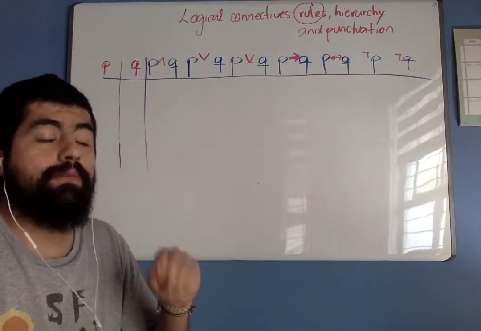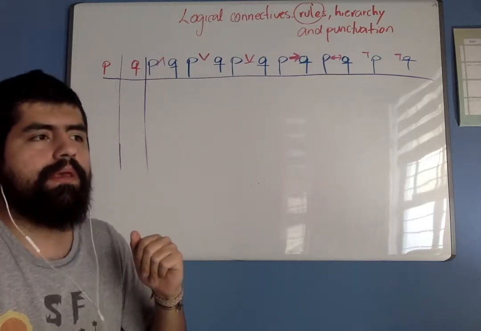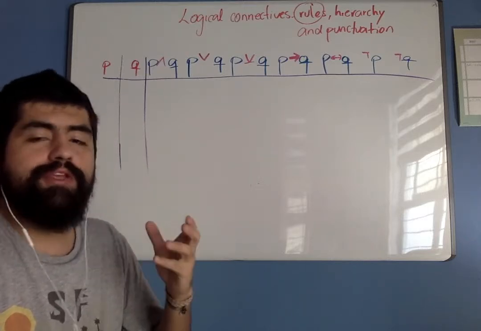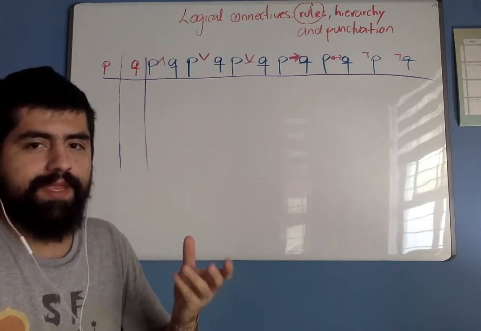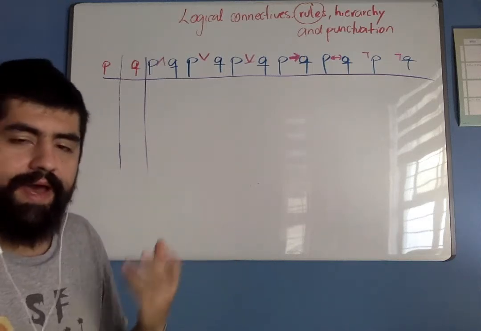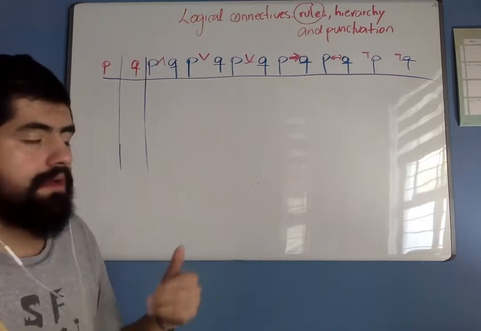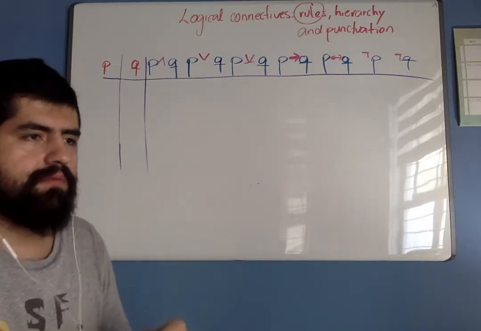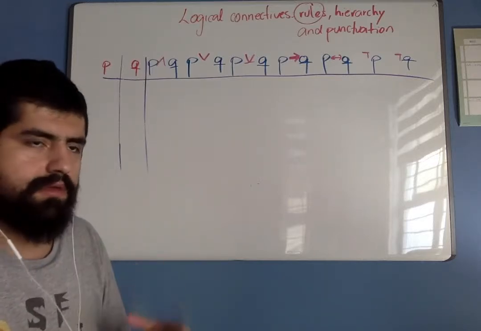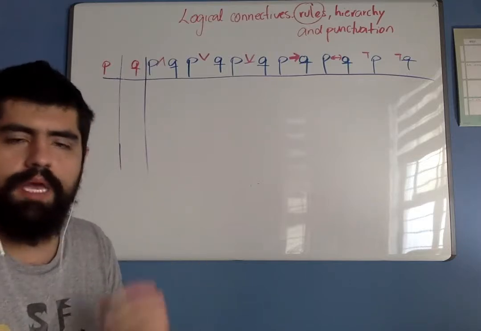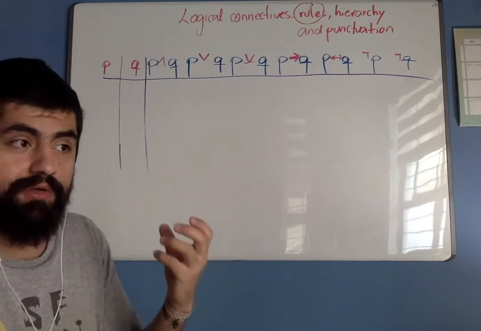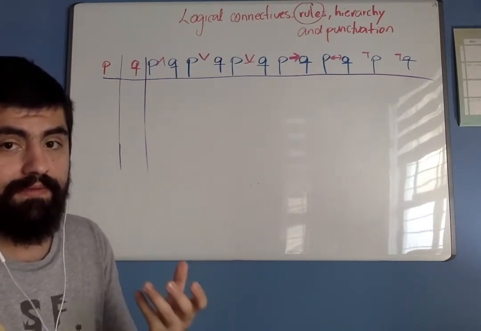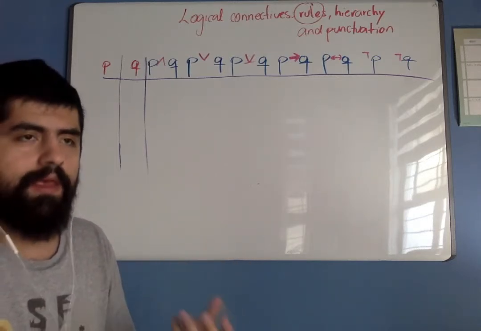Well, in this case, each logical connective has a rule. The conjunction has its own rule. The inclusive disjunction has its own rule. The exclusive disjunction has its own rule, and so on. In the same way, each logical connective has a rule.